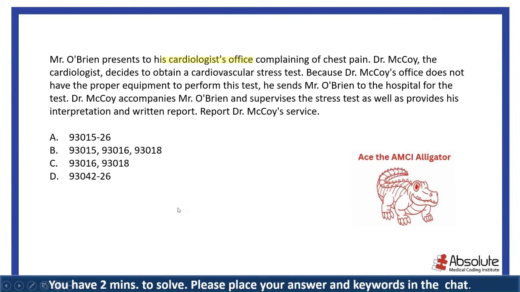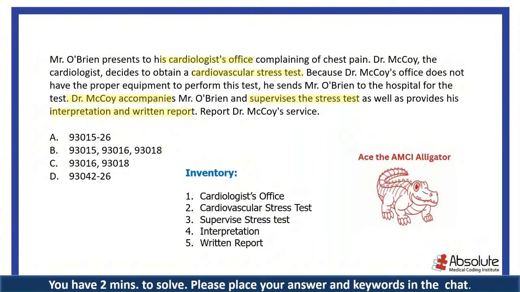So what we have here, we have a cardiologist office visit. A cardiovascular stress test was ordered. Dr. McCoy accompanies Mr. O'Brien and supervises the stress test, and he also provides the interpretation and the written report. So our inventory list: we have a cardiologist office, cardiovascular stress test, supervision of the stress test, interpretation, and written report.